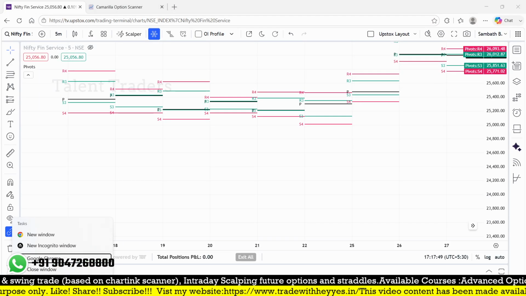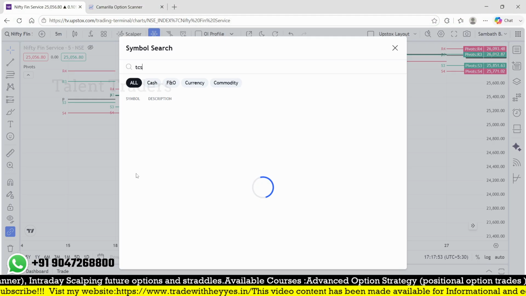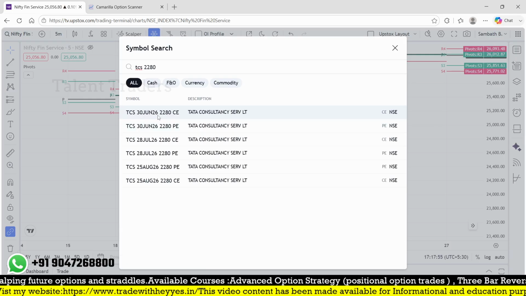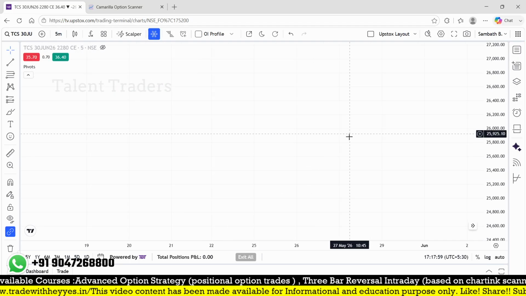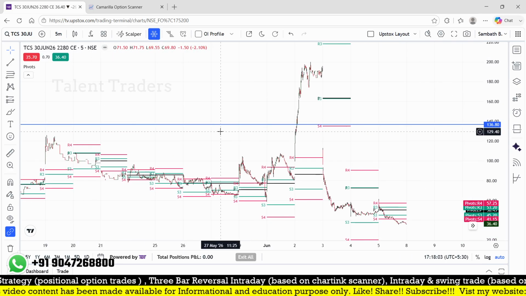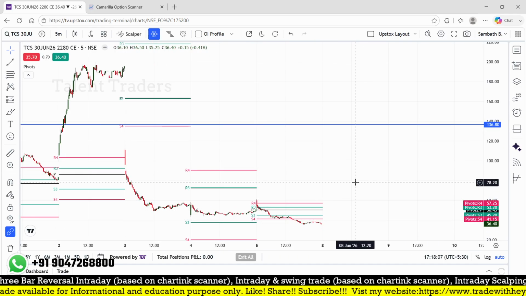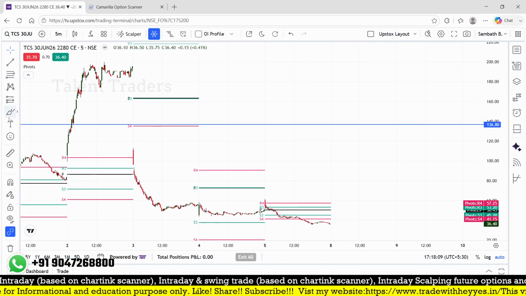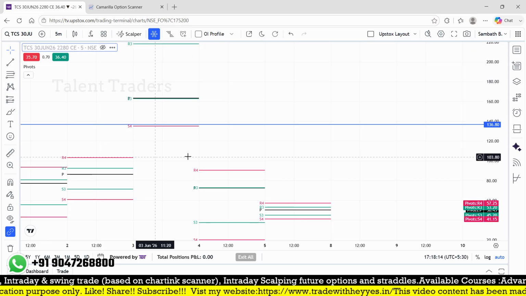We will be checking TCS 2280 on the call strike price. You look at this, exactly inside a very narrow level which you are looking at in this chart; it is filtered by default.